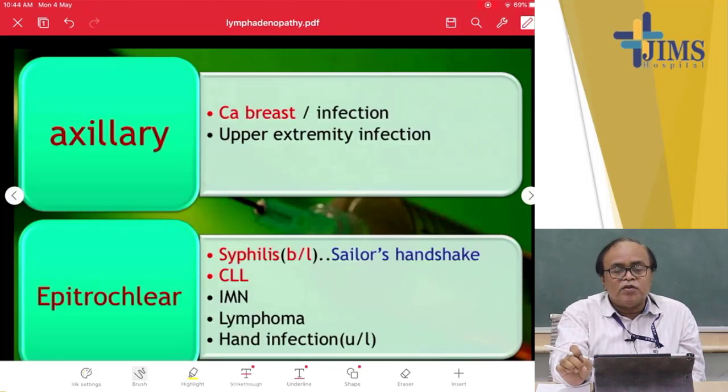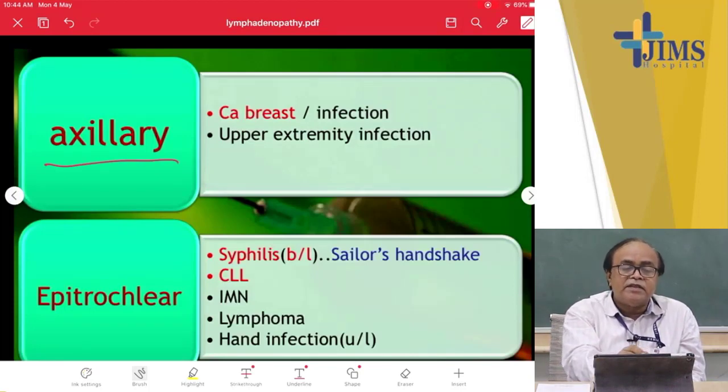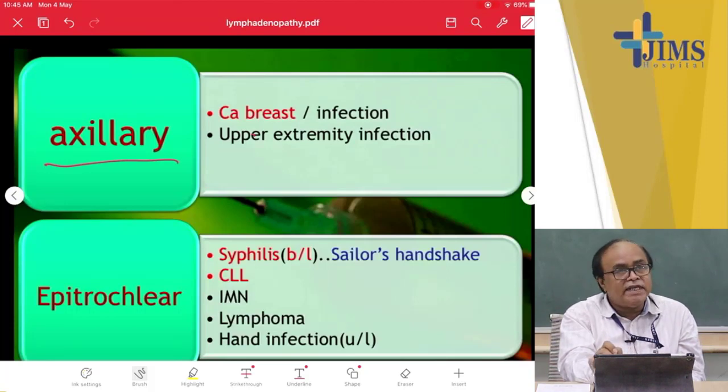Axillary region. Which side of the axilla? What may be the causes? First is CA breast. CA breast is very common, and axillary lymph nodes you will often get arising from the CA breast, or infection, mastitis, upper extremity infection.